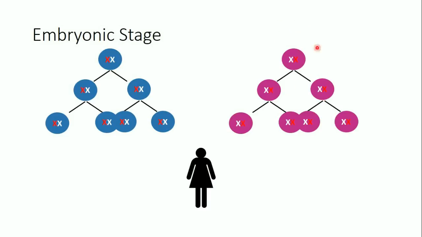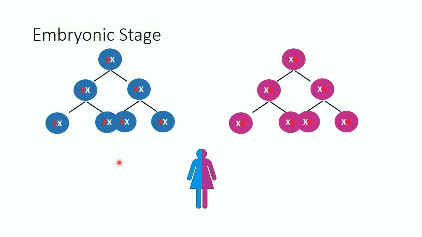And all the cells which come from a mother cell in which the mother's X chromosome is inactivated, they all have the mother's X chromosome inactivated. Afterward, in the female body, 50% of the cells will have the mother's X chromosome inactivated, and 50% of them will have the father's X chromosome inactivated.